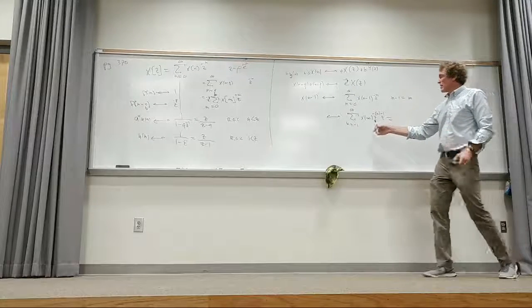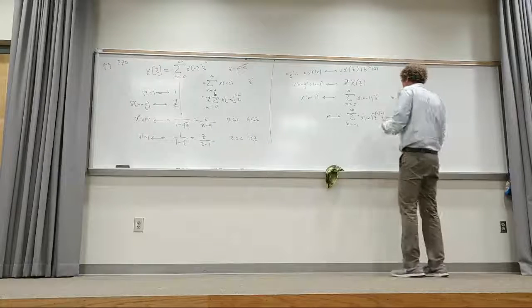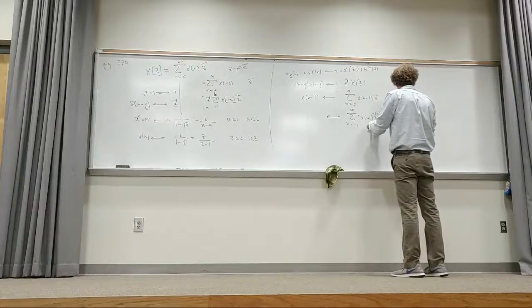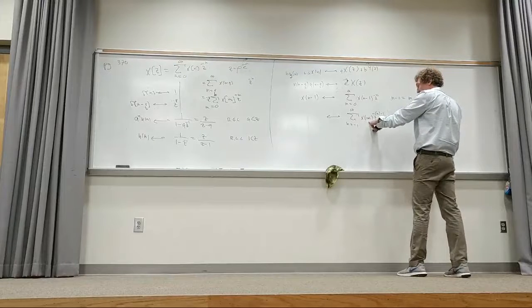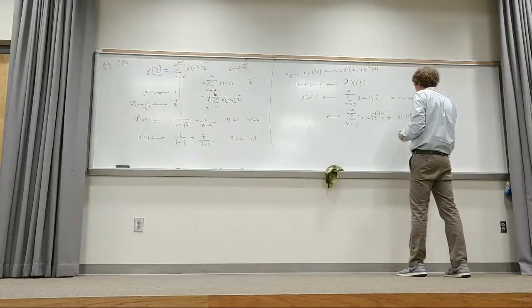Now what happens here? The very first point, when m is equal to minus 1, I get x of minus 1, right? But then, what happens here? I get minus of minus 1, or 1, times z to the minus 1, which is z to the 0. Then I get plus the summation, keep watching this.